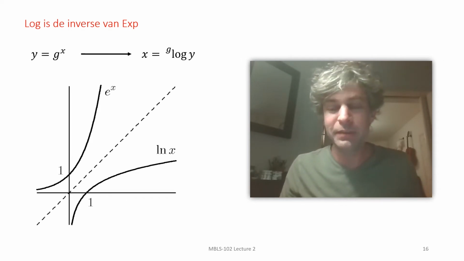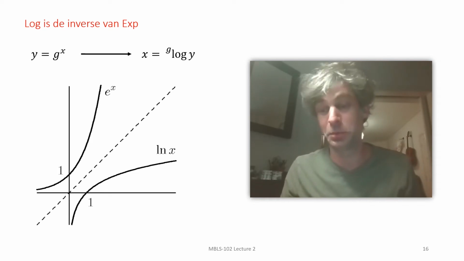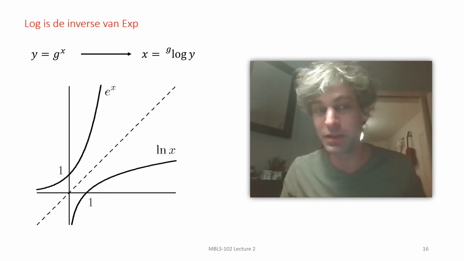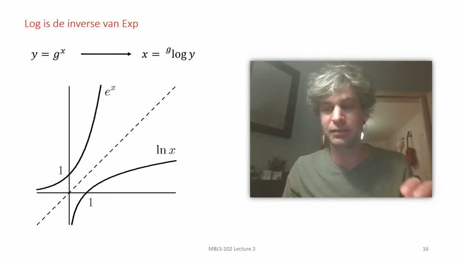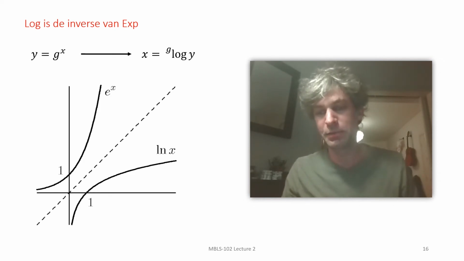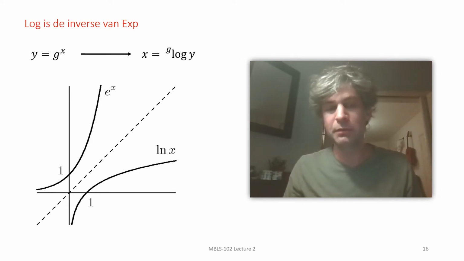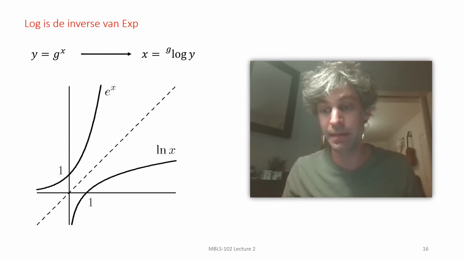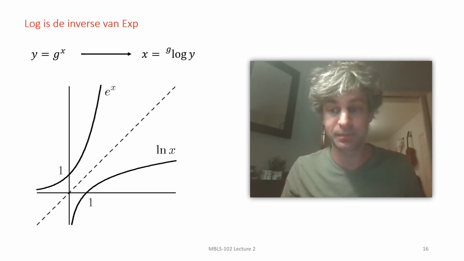And we're talking about the inverse of the exponential function, and you're supposed to know already that that's the famous logarithm. If you have the exponential function and the base number is e, then the inverse is called the natural logarithm, and the abbreviation is ln. What's good to know about functions and their inverses is that they're actually each other's mirror image, the graphs that is, in the line y equals x.